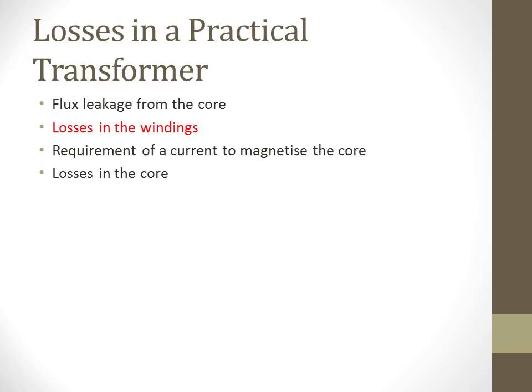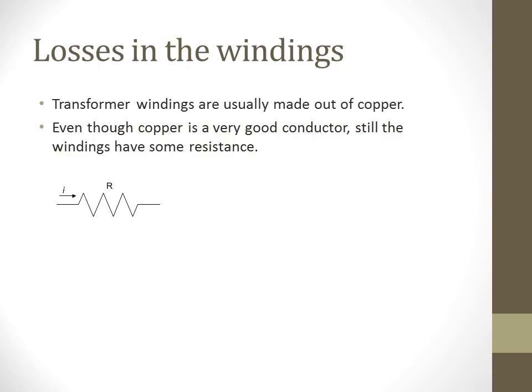Let us now look at the losses in the windings. These losses are due to resistances in the windings. Even though transformer windings are made out of very good conductors like copper, they still have some resistance.